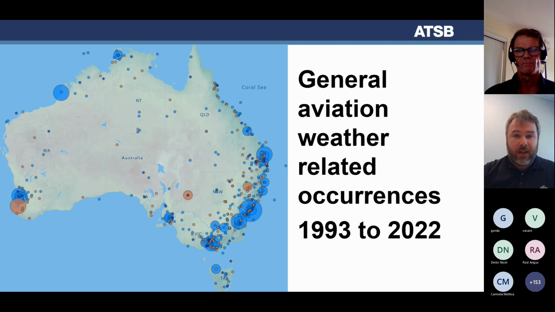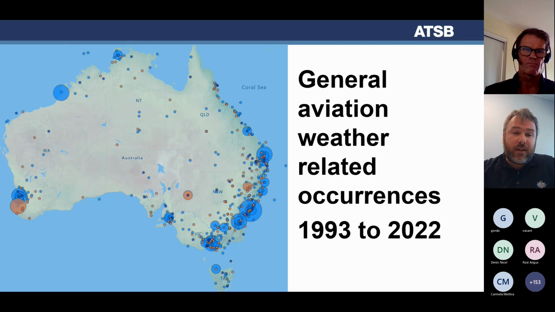So you can see in the map shown where aviation weather-related occurrences typically occur. It's generally consistent with where pilots are flying.